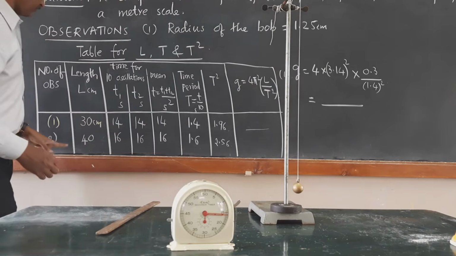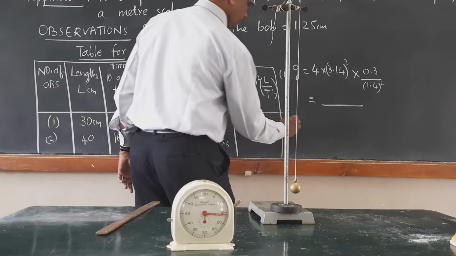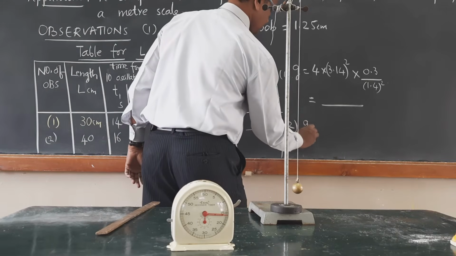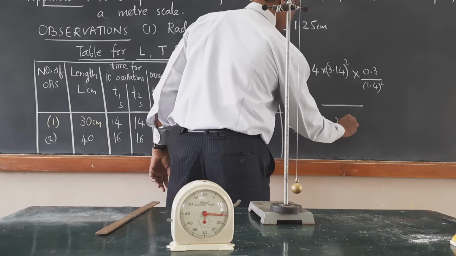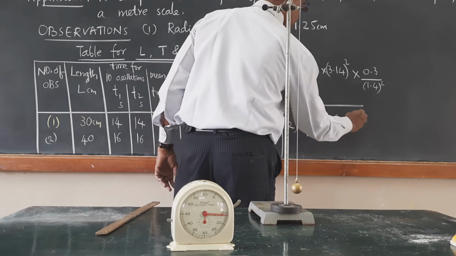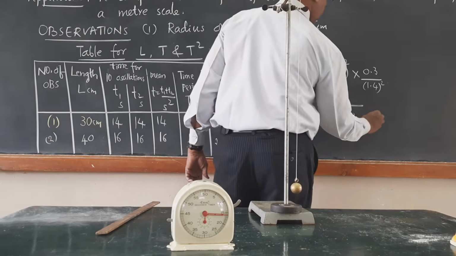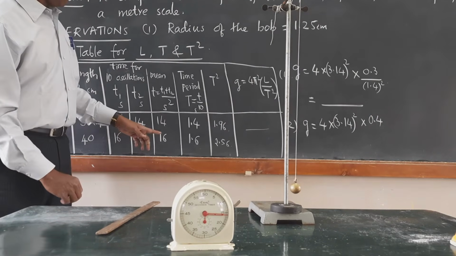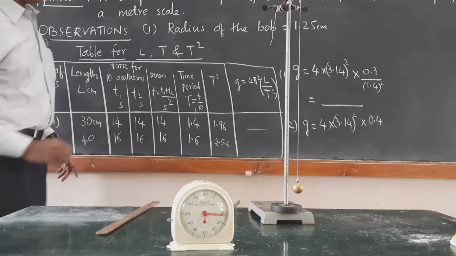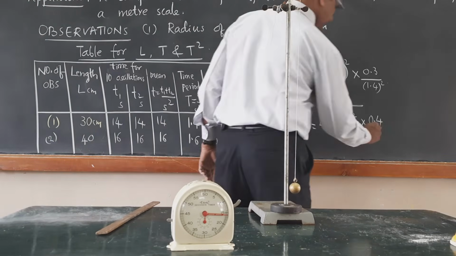Now similarly for 40 centimeter, what happens? g becomes equal to 4 into 3.14 square into length, which is now 0.4 meter, divided by T square.